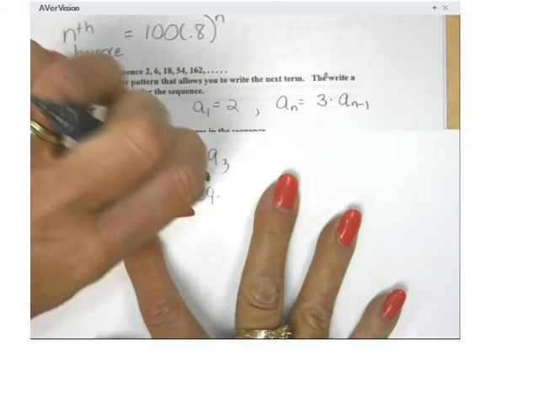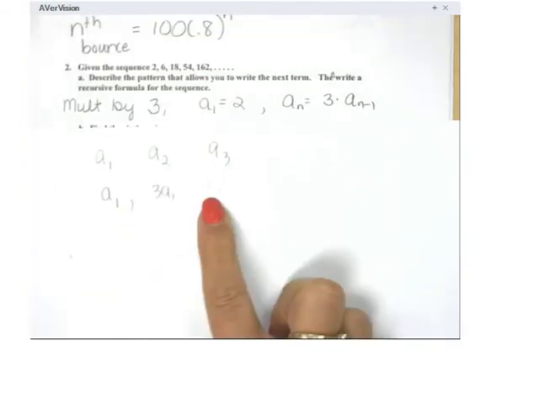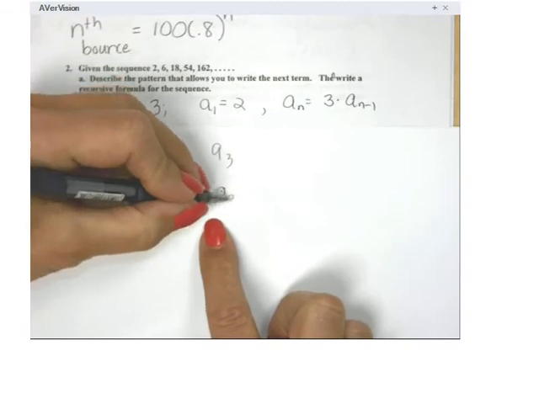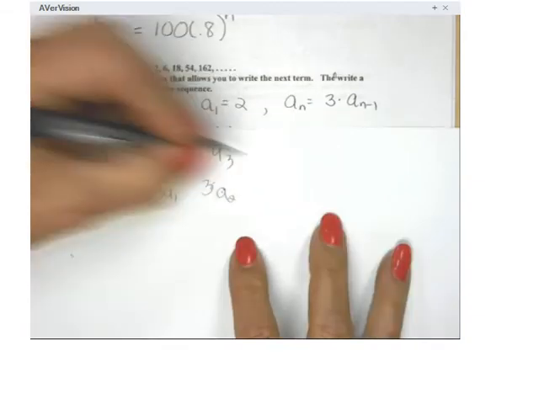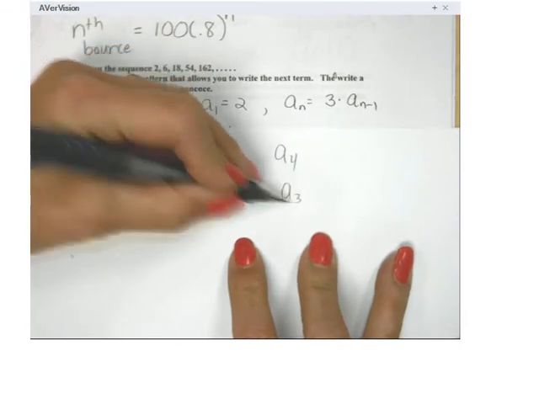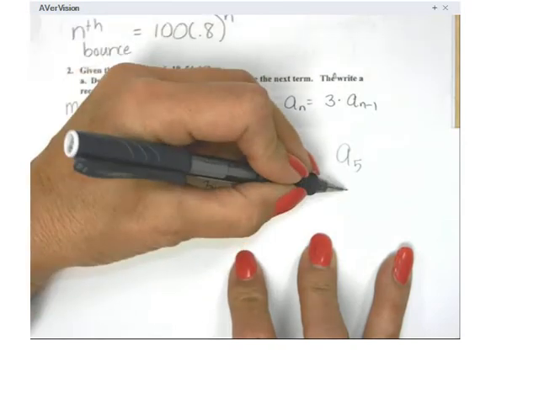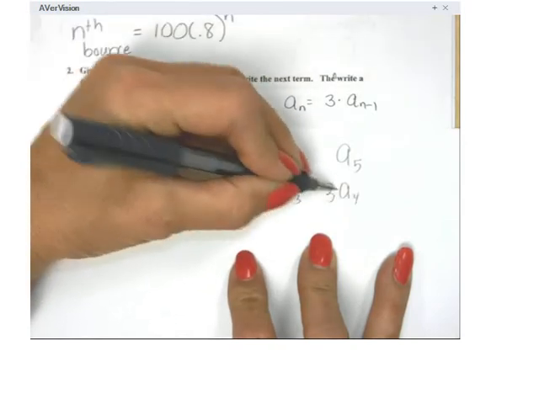Or, I'll write it this way. We find a sub 3 by taking a sub 2 and multiplying it by 3. We find a sub 4 by taking a sub 3 and multiplying it by 3. We'll find a sub 5 by taking a sub 4 and multiplying it by 3, and so on.